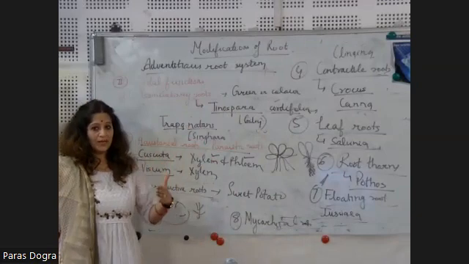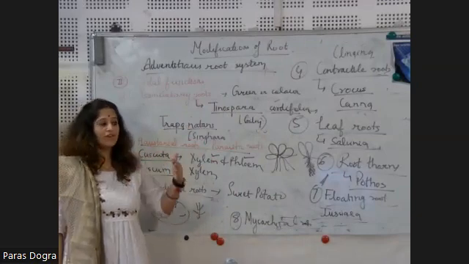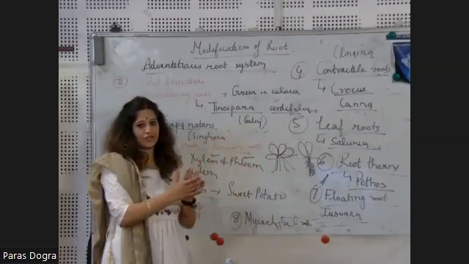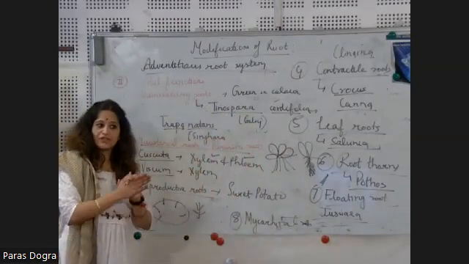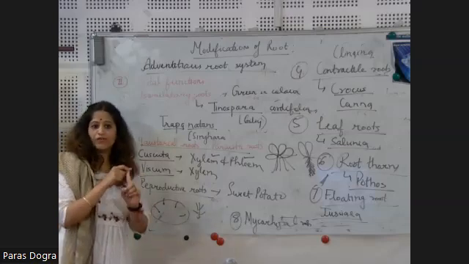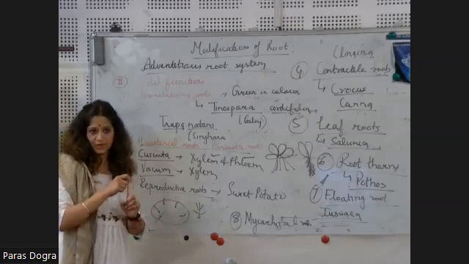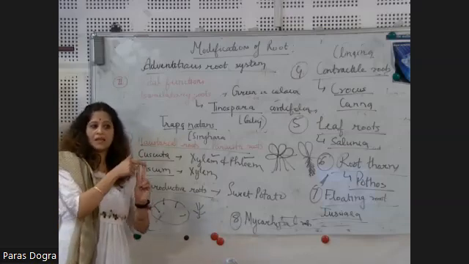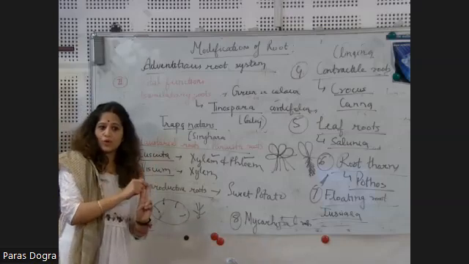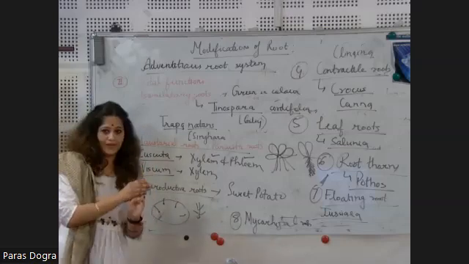Then we did the modifications of the taproot system and the adventitious root system. In modifications of the taproot system, the first category was roots modified for storage, with various categories. Then we did respiratory roots, and the third was nodulated roots.